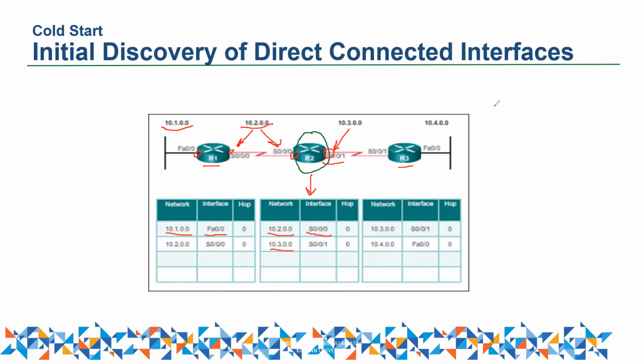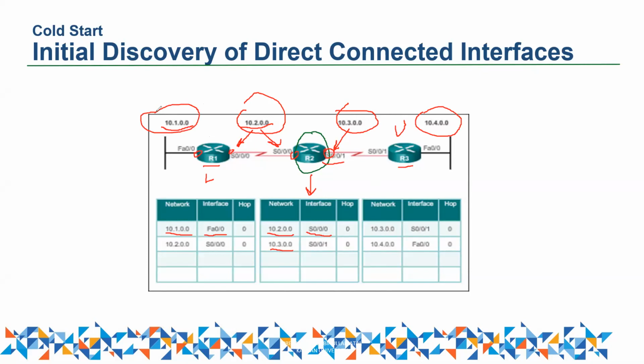Okay, guys, until now the router R3 doesn't know about this network. And R1 doesn't know about this network, and even this network. They only know about the direct interfaces. R3 doesn't even know about this.